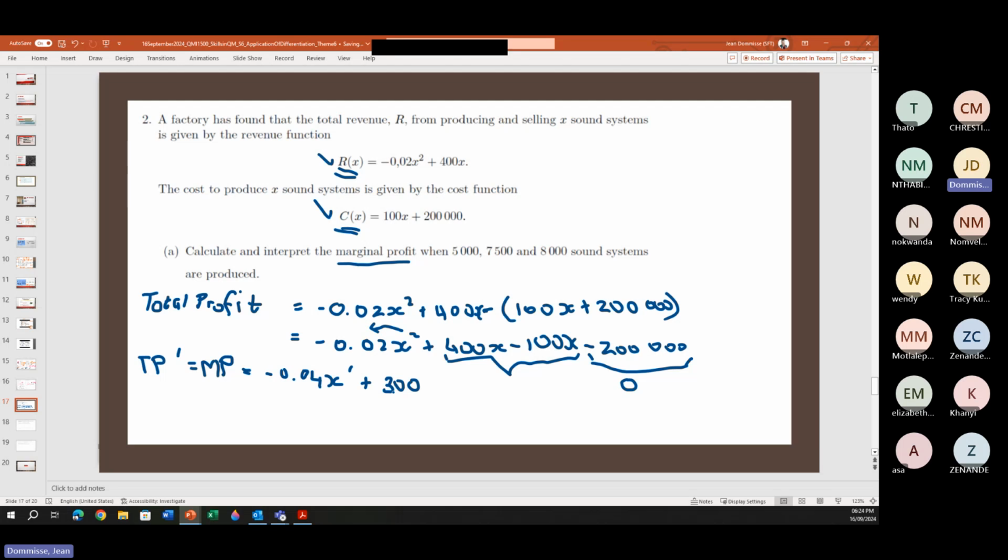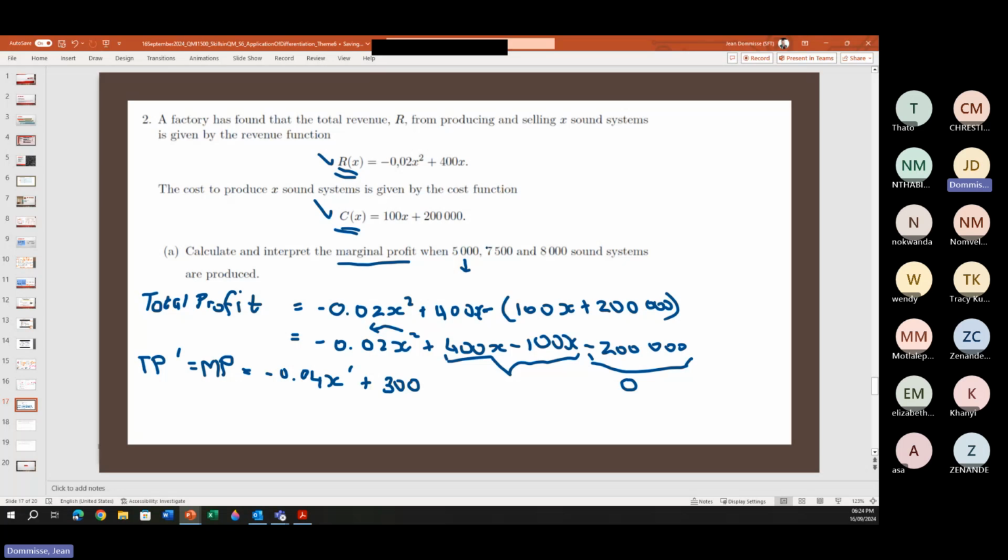Then they say let's work out the marginal profit when we produce 5,000 units. So 5,000 times minus 0.04 plus 300.